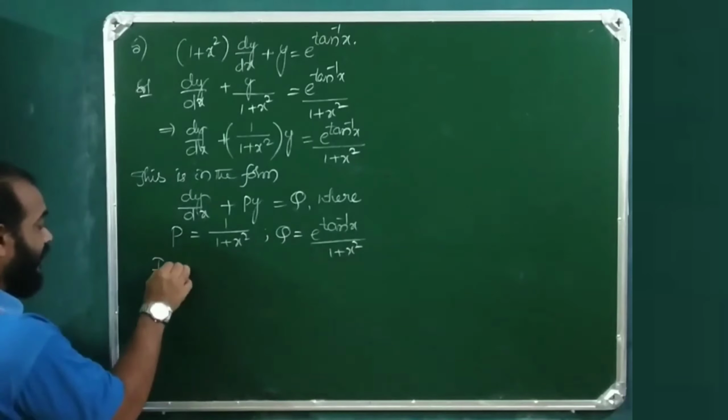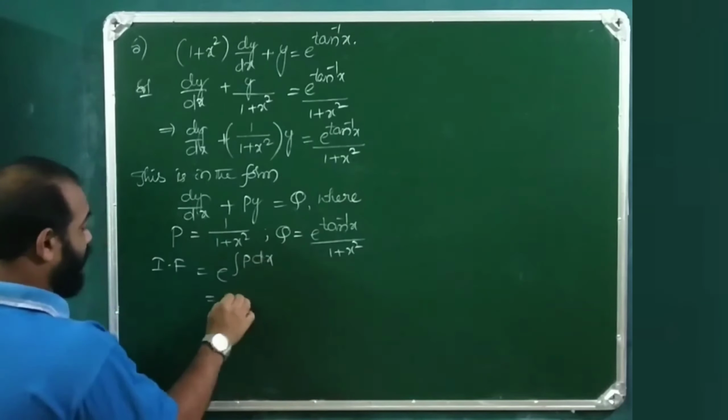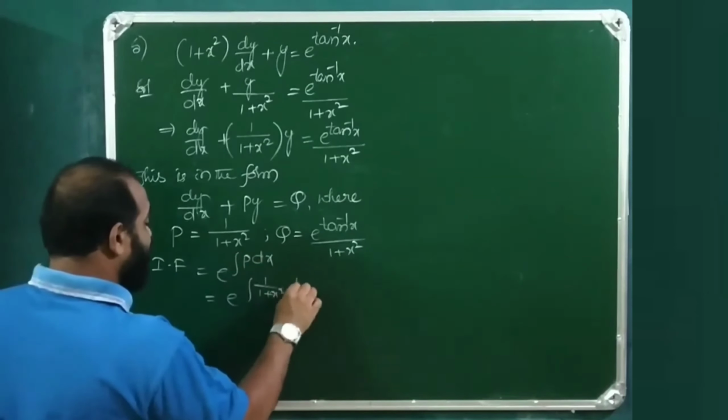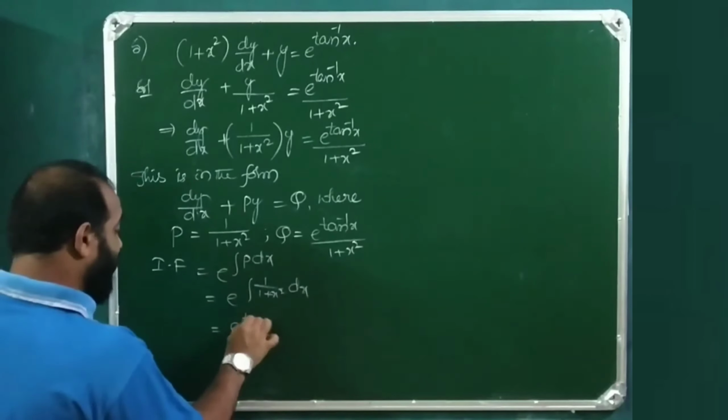So its integrating factor is e^(∫P dx) = e^(∫ 1/(1 + x²) dx). The integral of 1/(1 + x²) dx is tan⁻¹x.